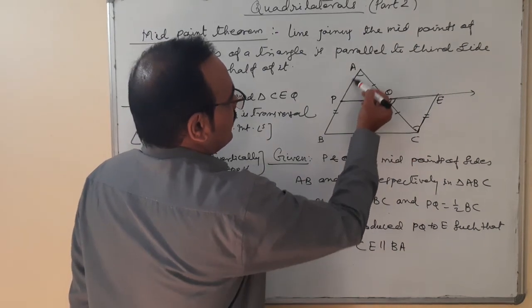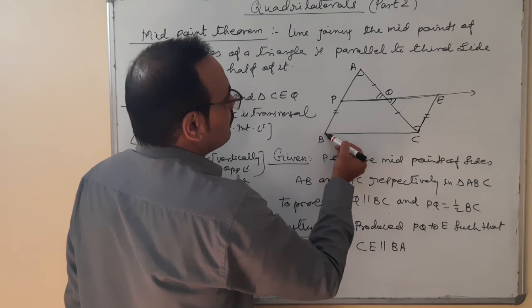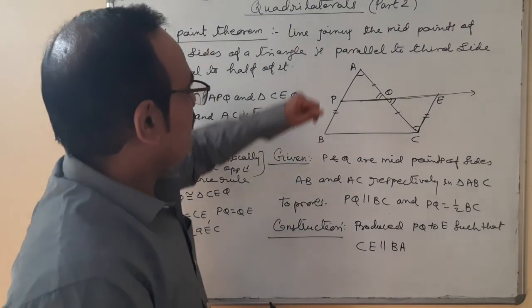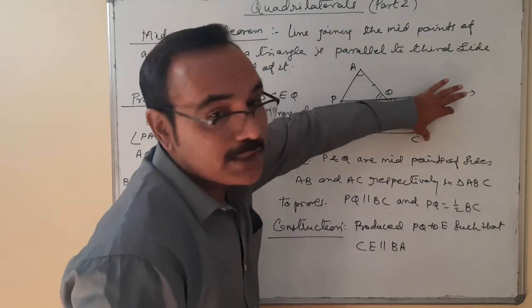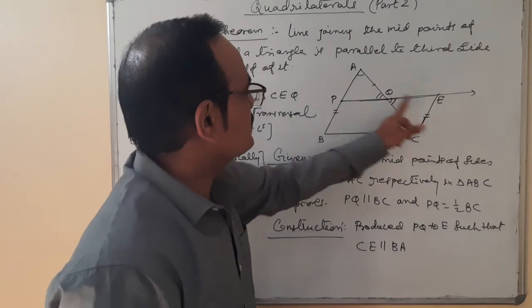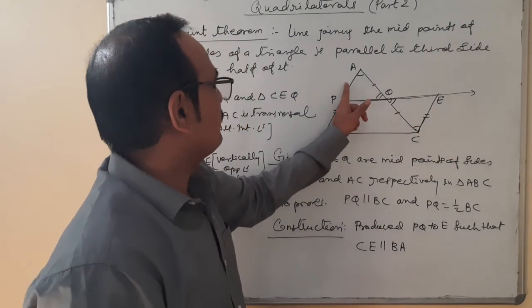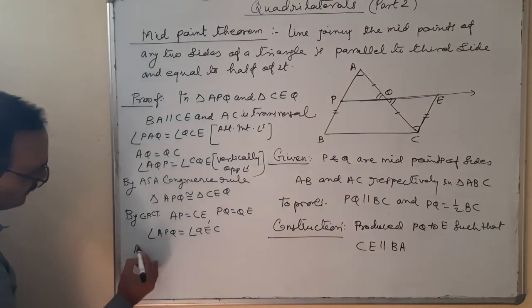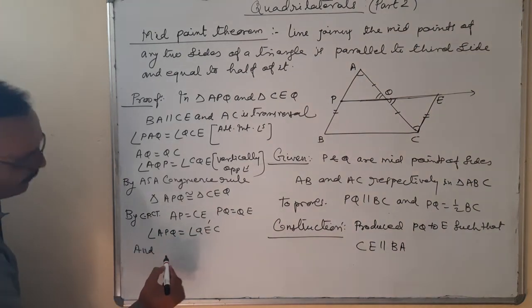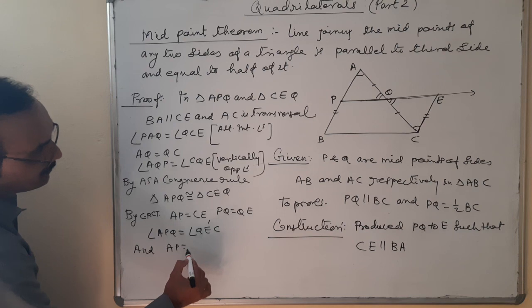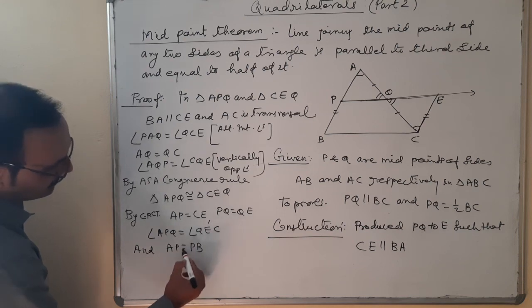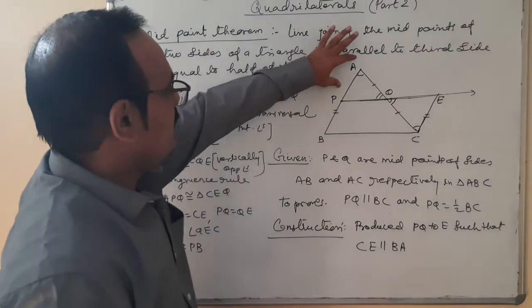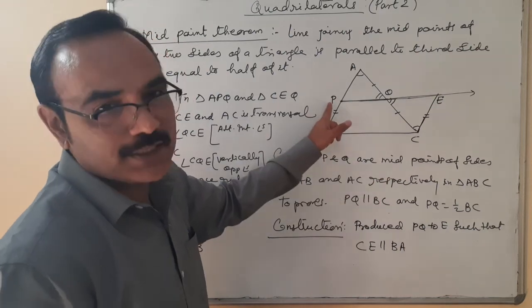Second pair. In the second pair, what happens? Since AP is equal to PB, and AP is equal to CE. How is AP equal to PB? AP is equal to PB given because P is the midpoint.